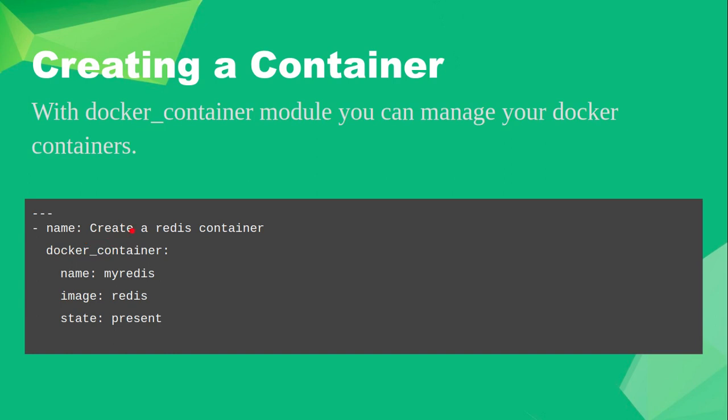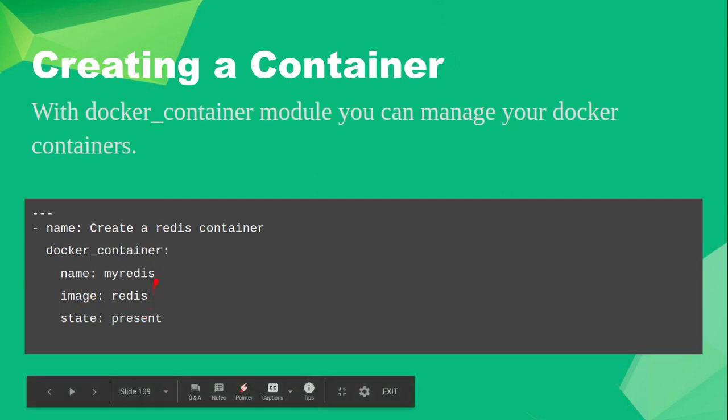If you want to manage the life cycle of the container or create the container, we can use this particular module. So using this Docker container module, we are creating this Redis container. What information am I giving: the name of the container, the image that I want to use to start the container, and the state, which should be present.